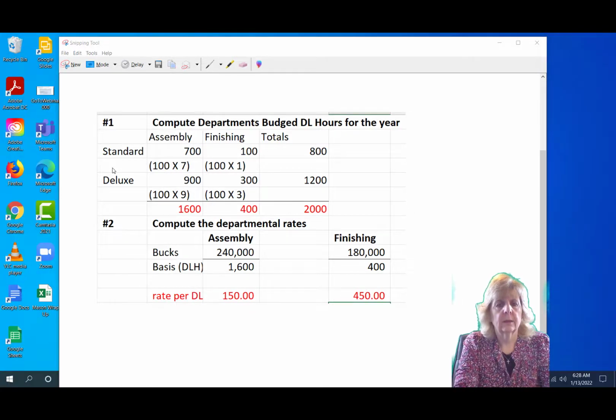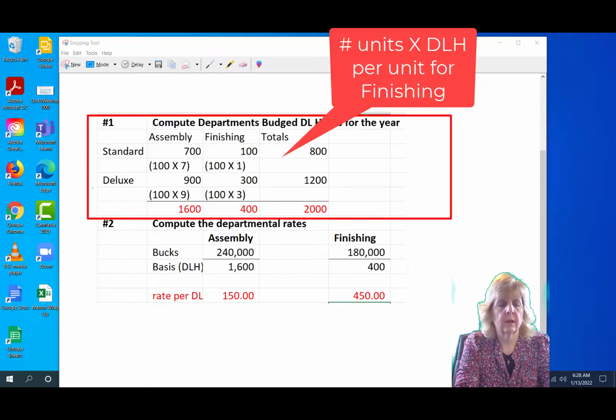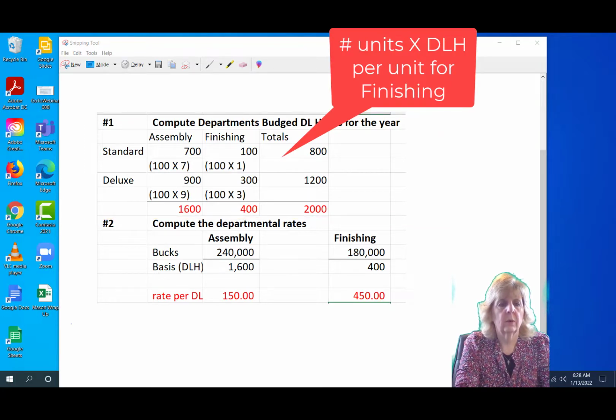So the direct labor hours budgeted for the year would be a combination of the 2 models that this company is making, standard and deluxe, and we would take the number of units that they are budgeted to make times the number of direct labor hours per unit, and we would do that for both departments.